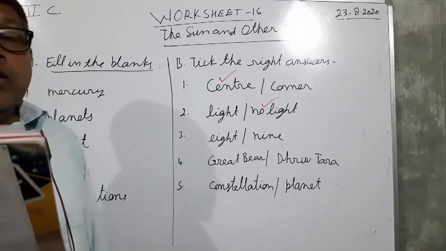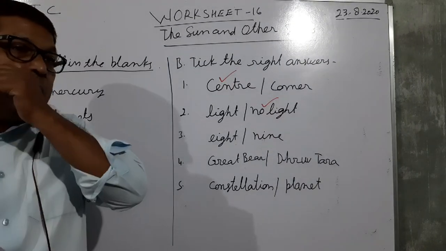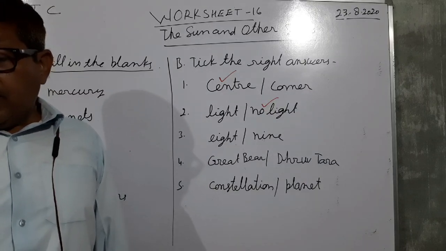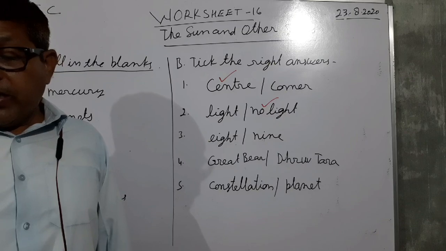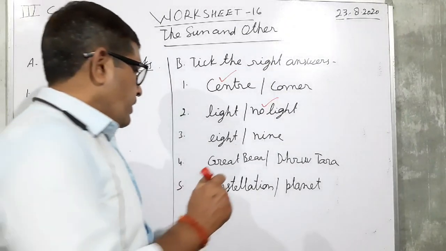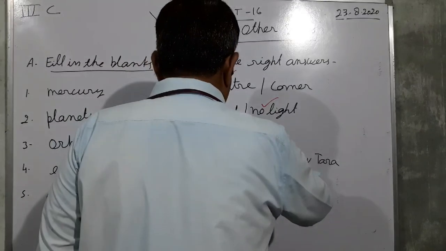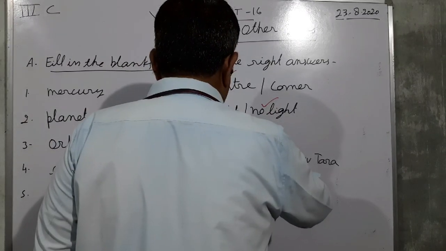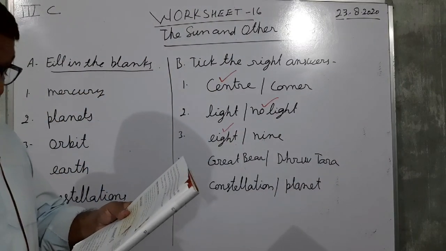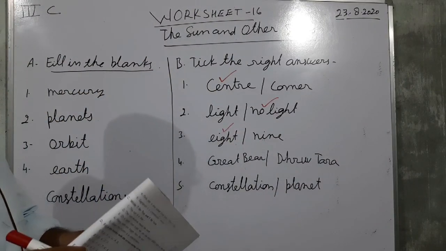Now one planet has been removed from the solar system. So now today there are 8 planets. So 8 planets will be the correct answer. There are 8 planets in the solar system.